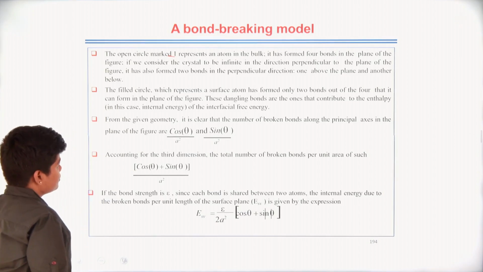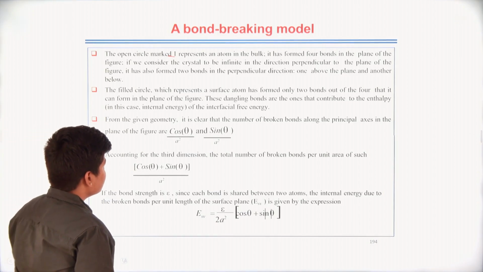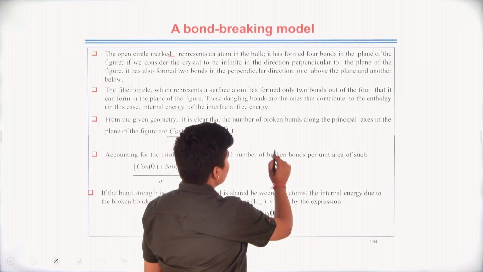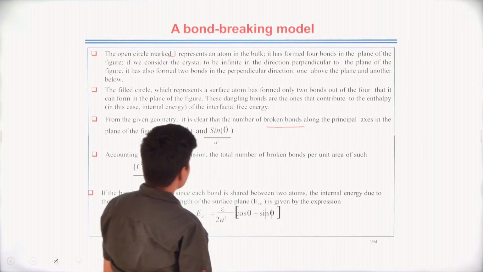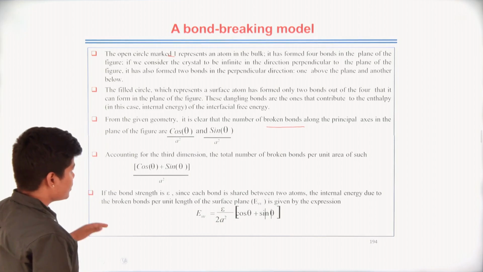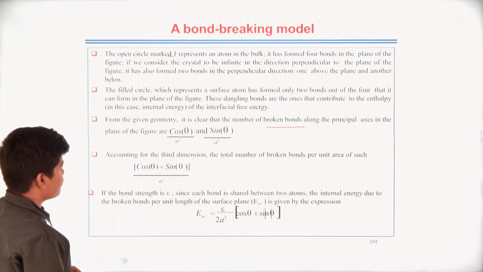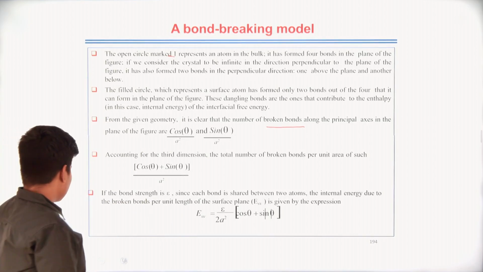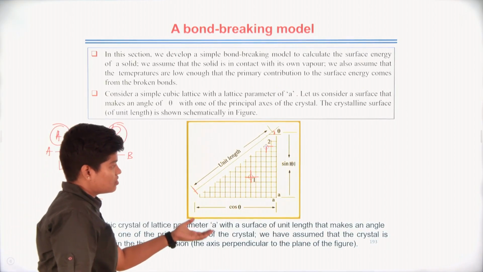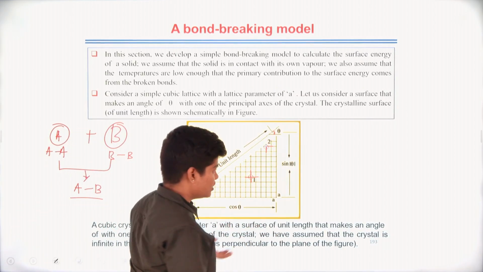In this given geometry, the number of broken bonds along the principal axis will be cos theta by a squared and sin theta by a squared. This is the formula for this simple cubic lattice, let's suppose in 3D geometry.